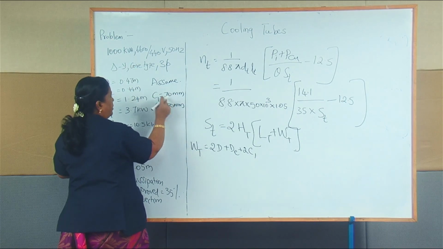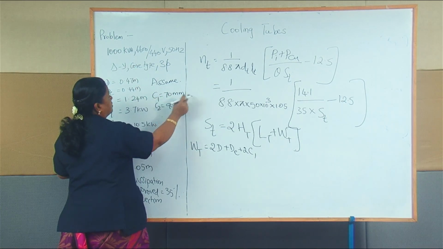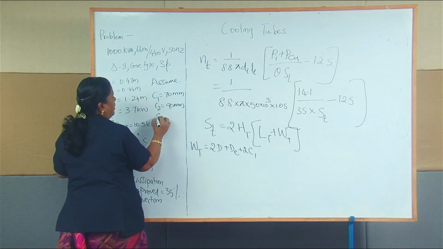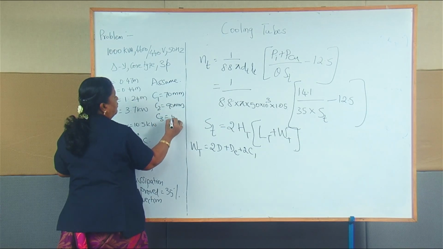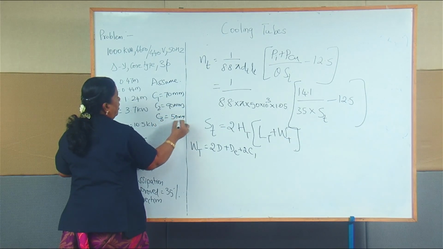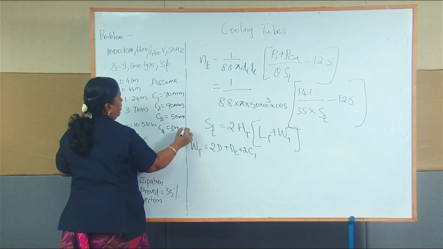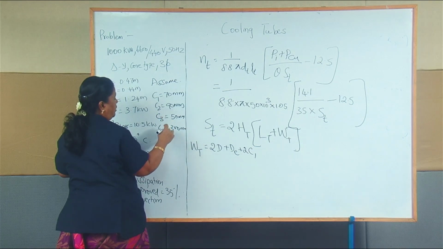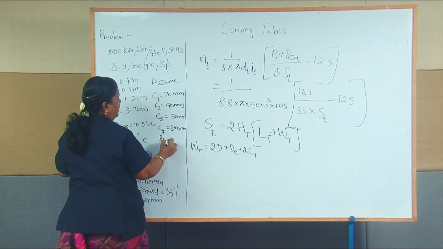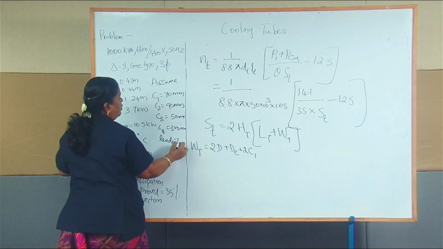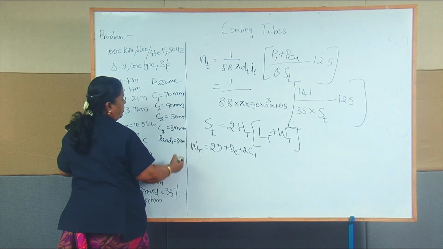C1 clearance 500 to 1000, C1 70 mm, C2 90 mm, C3 50 mm from the bottom, and C4 300 mm. Then you will have to give some clearance for leads, which we will also consider around 300 mm.